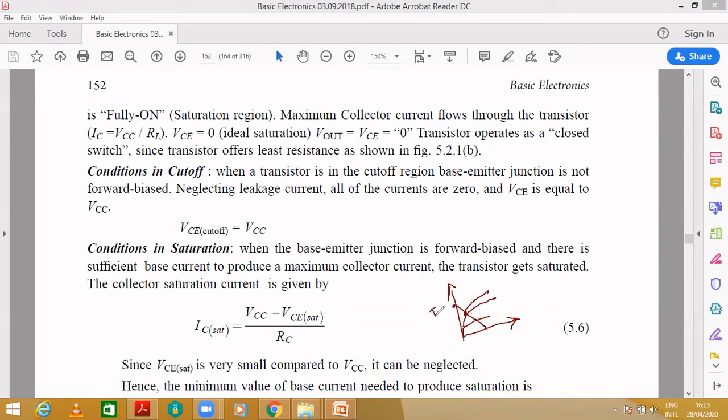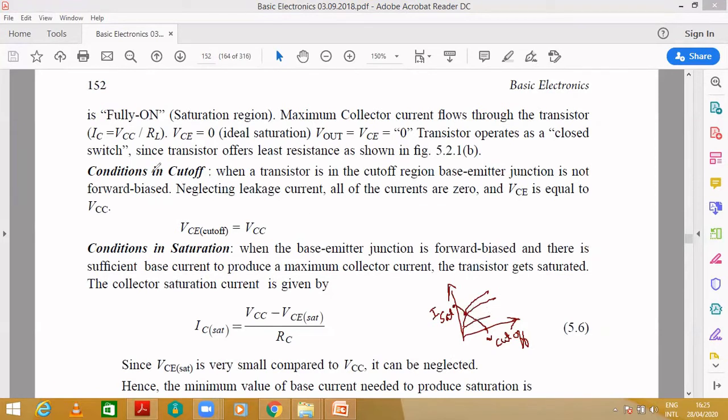I can call this I saturation. Here the current is high, but the voltage is 0. There is a voltage drop, and here the current is 0, and this point will be called the cutoff region, and this is called the saturation region. And the part between saturation and cutoff region is called the active region.